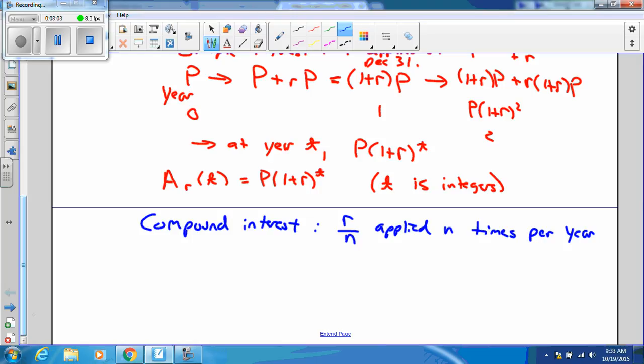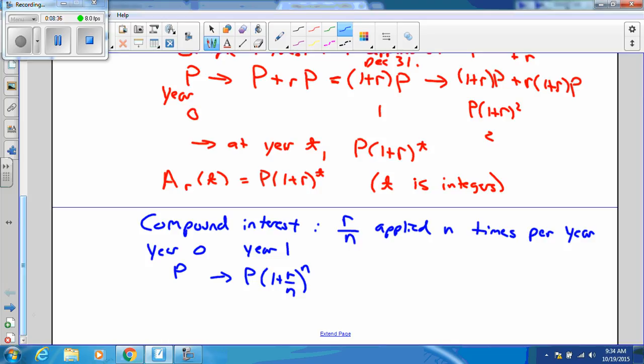Because if you think about each nth of a year as being one little time piece, then you can see for year 0, we have P. For year 1, we take our P and apply the interest rate, R over N, N times during that year.